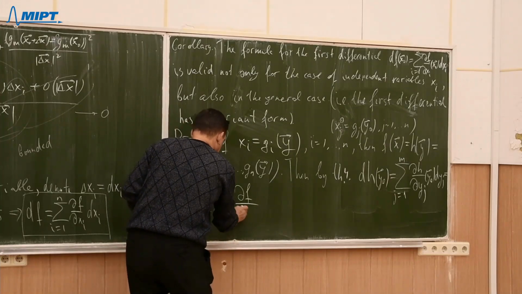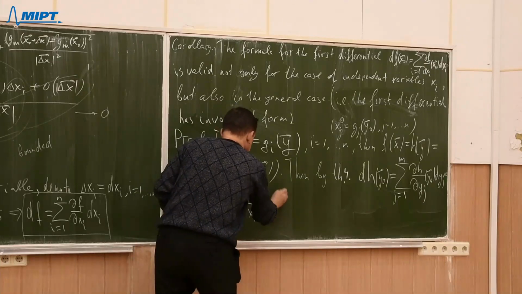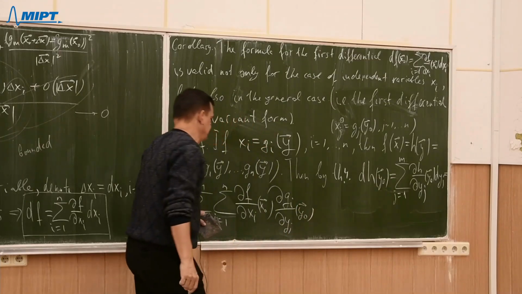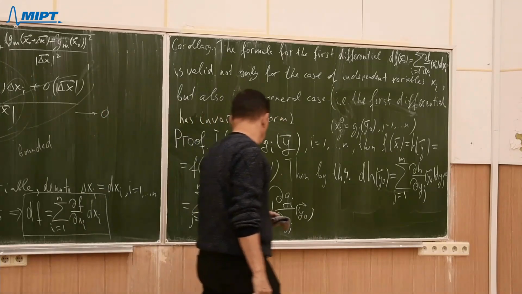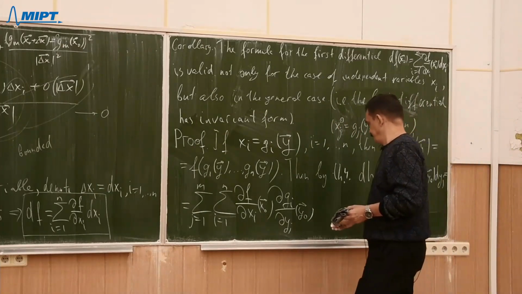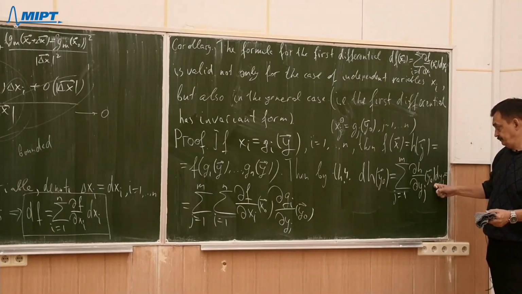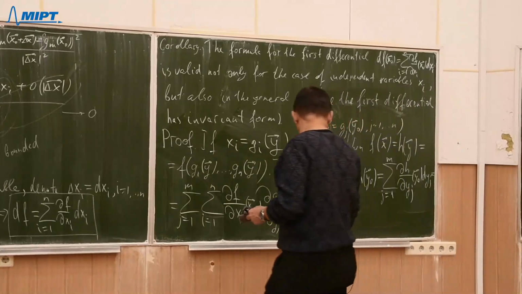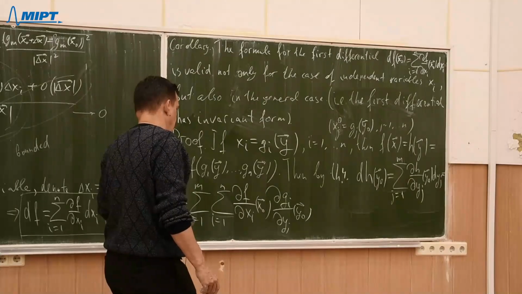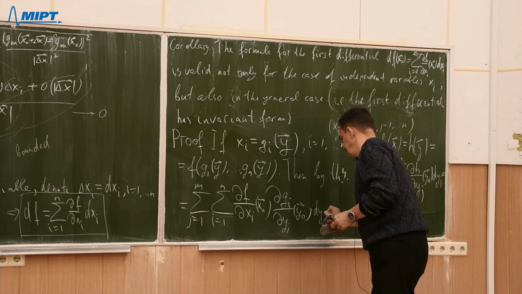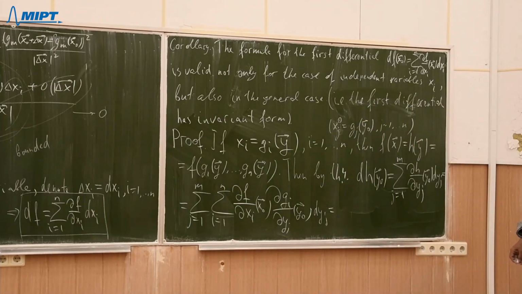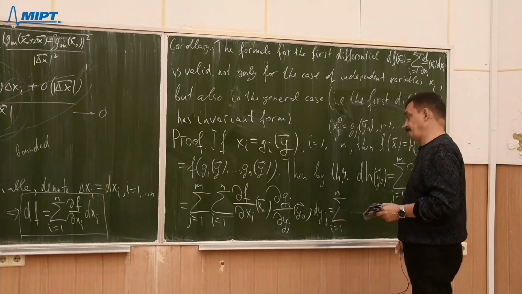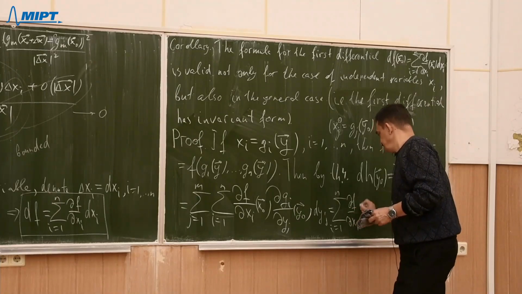The partial derivatives are df over dxi at x naught times dgi over dyj at y naught. I changed the roles of x and y's. That is not good, of course, but so I substituted partial derivatives, right? And let me preserve dyj's for a while. Then if I change the order of summation, we have the sum, i from 1 up to n, of the partial derivative of f with respect to xi at x naught.